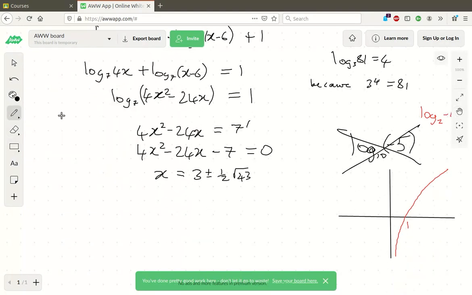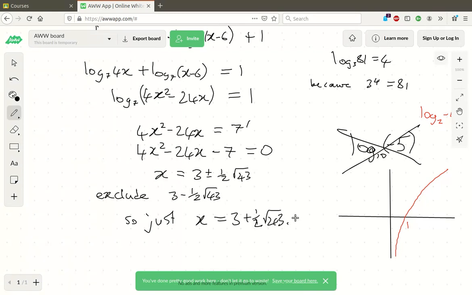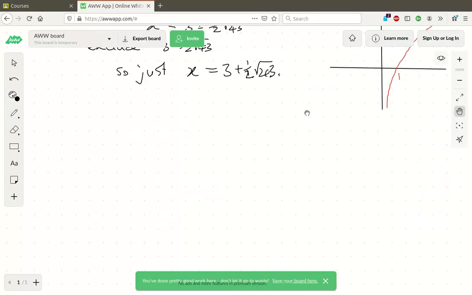So I'm just going to say exclude 3 minus a half root 43. So just x equals 3 plus a half root 43. And it's done. Like I say, I just used the solving the quadratic function on my calculator to work out that 3 plus or minus a half root 43. I was feeling pretty lazy.